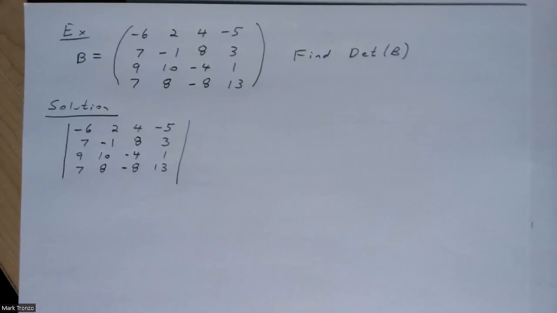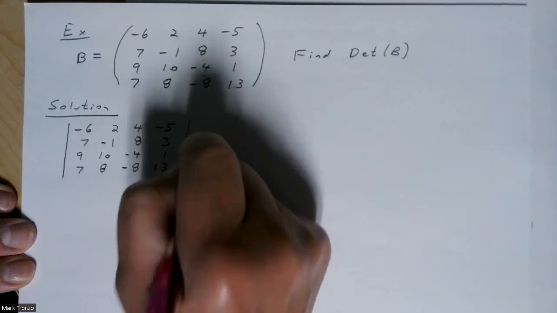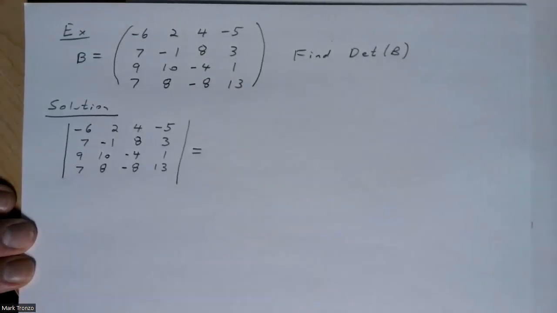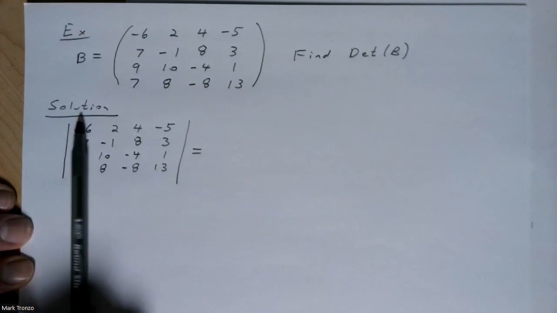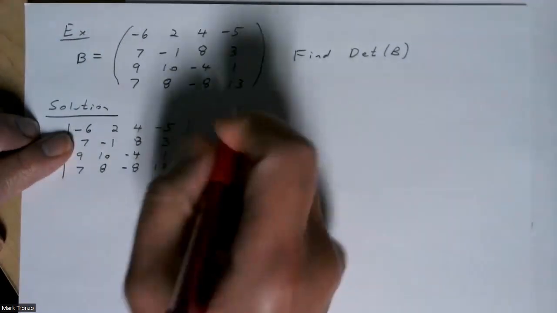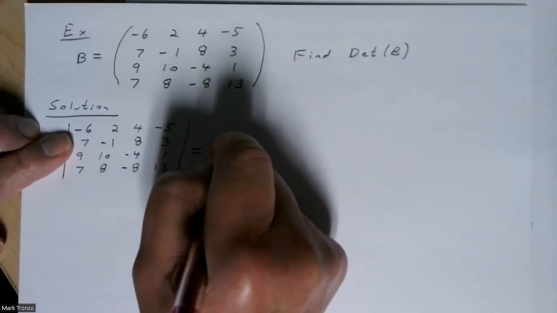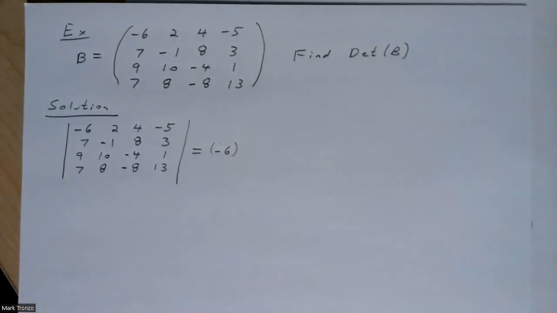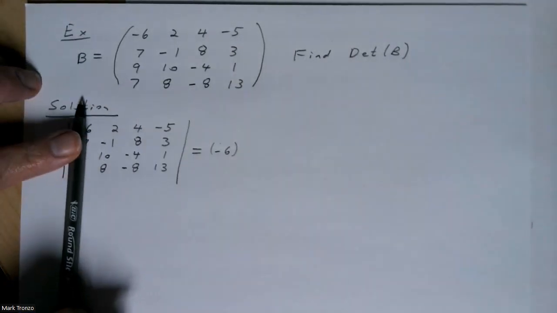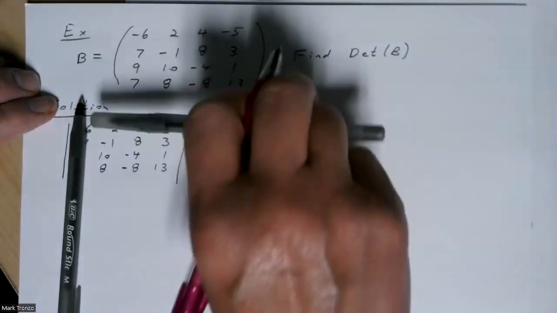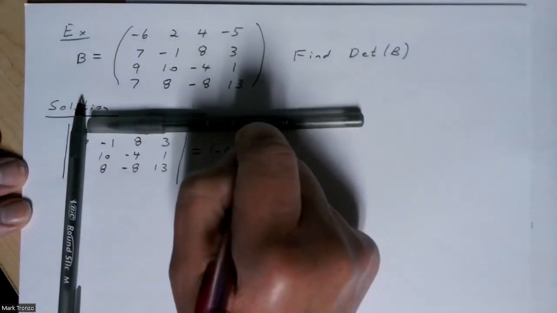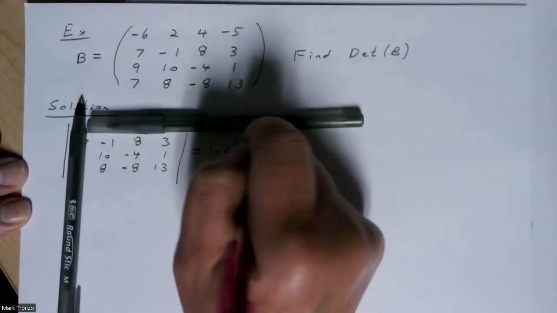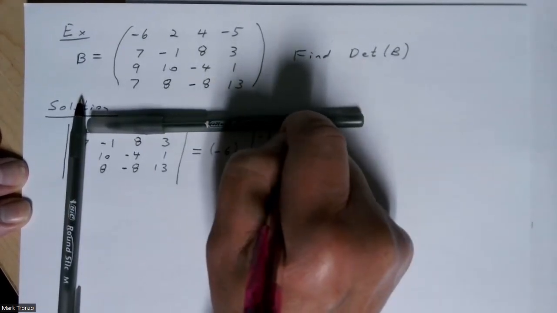So let's go ahead and do this. Again, we'll go across the first row. Up here we have a -6. And then we'll cover up that row and that column that contain the 6. And then write down the determinant that's left.